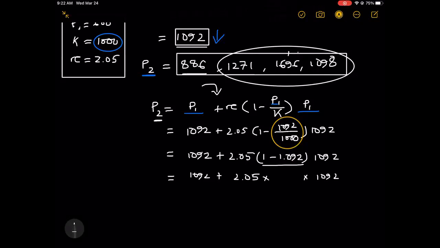No, negative 0.092, exactly. I guess that's where you got it wrong. It's negative, right? You're subtracting it from 1. 1 minus 1.092, so it's negative 0.092.